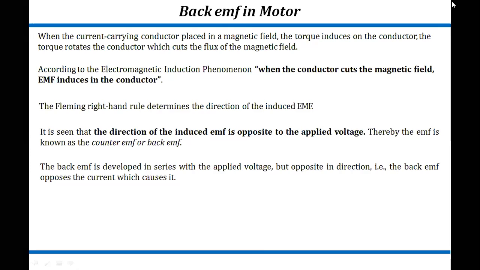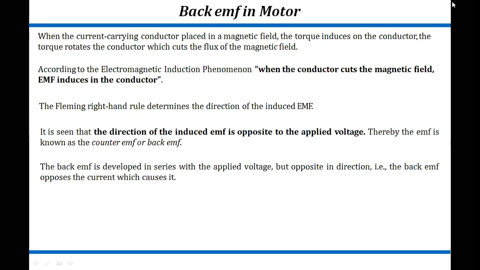What we are going to see here is that if a conductor cuts the magnetic field, EMF gets induced according to Faraday's law. Here we determine the direction of the induced EMF according to Fleming's right hand rule. It is seen that the direction of the induced EMF is opposite with respect to the applied voltage. Therefore, we call that EMF the back EMF.